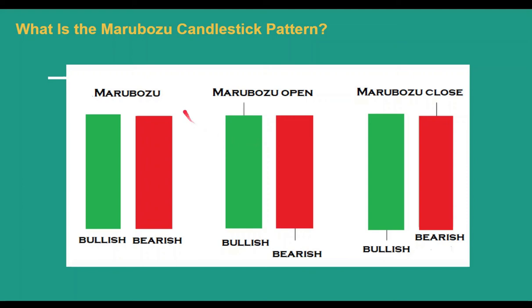So when you are looking for these patterns on any charts, don't look for a perfect pattern like this. These other forms are acceptable as a Marubozu, and the shadow can be either at the open of the candle or at the close of the candle. And small shadows on the upper or lower sides can be acceptable, and we can call that a Marubozu.